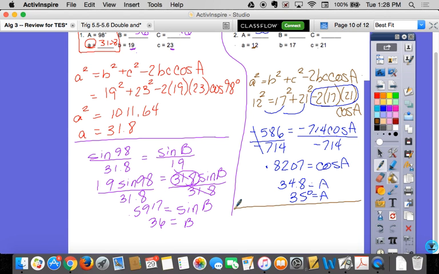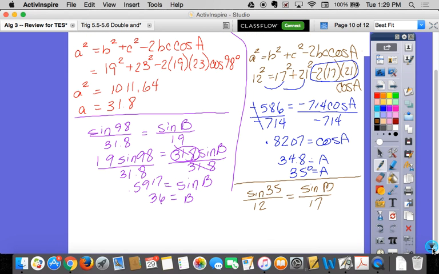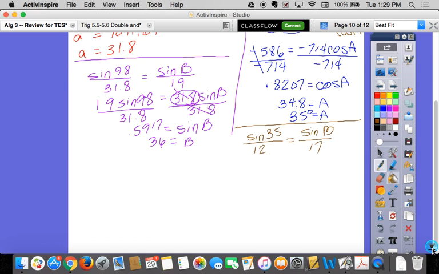So you could do sine 35 over 12 equals, now again, I'm going to go with the smaller side. So sine of b over 17. All right, let me scroll up so I got a little bit of room to work with. Now, if you wanted to and you didn't want any discrepancies, you could stay with the law of cosines. The first time I worked through this, I used law of cosines. So let me grab a calculator so I can work through this right now.